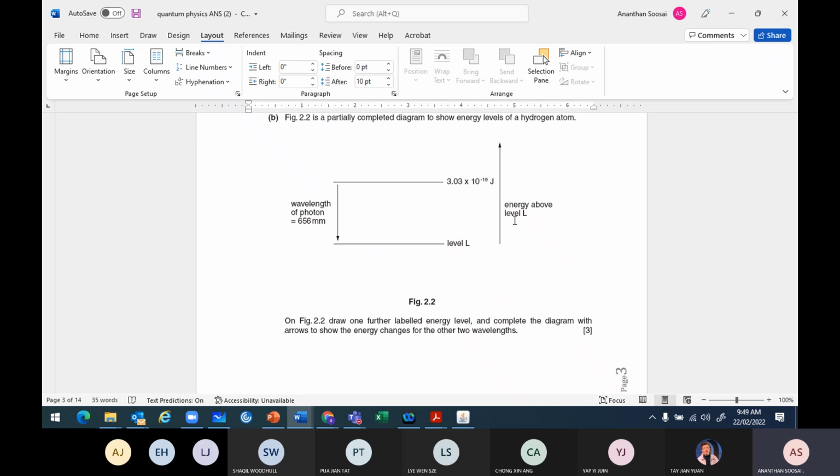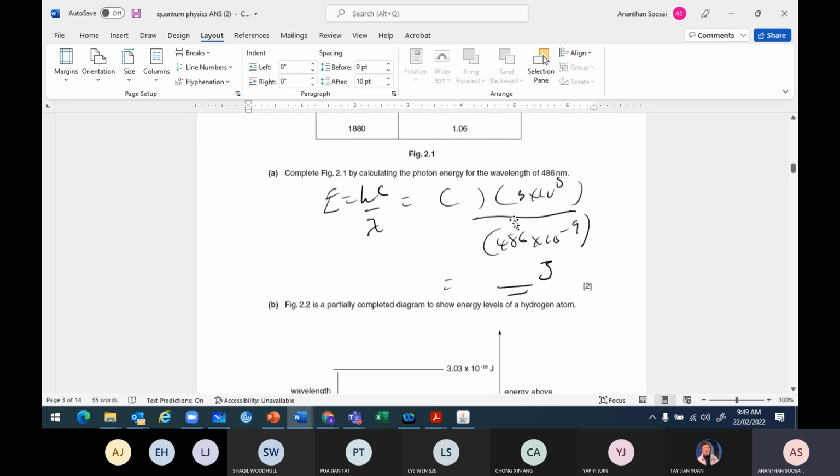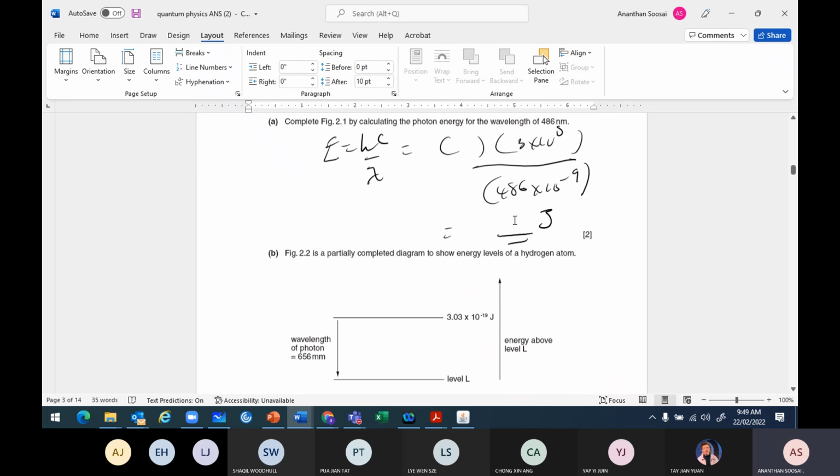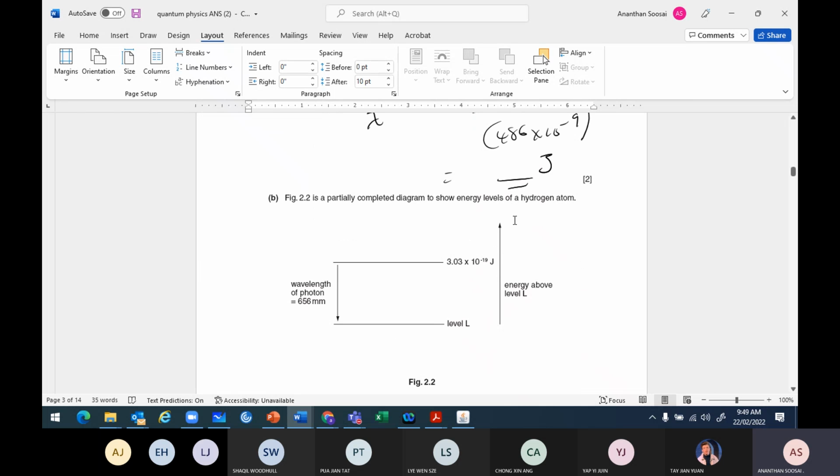I go back to the table. The three wavelengths emitted are 656, 486, and 1880. The one shown here is 656.